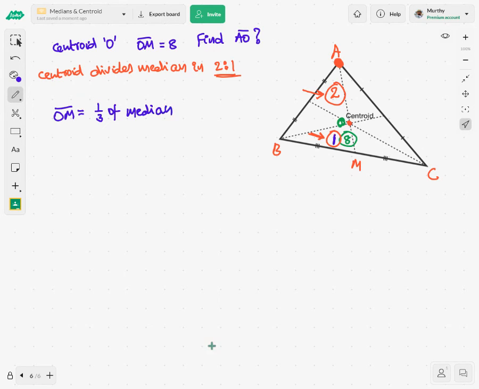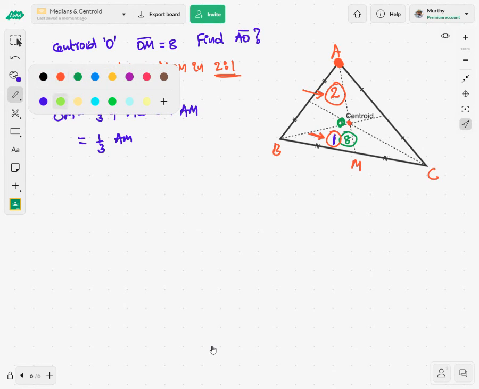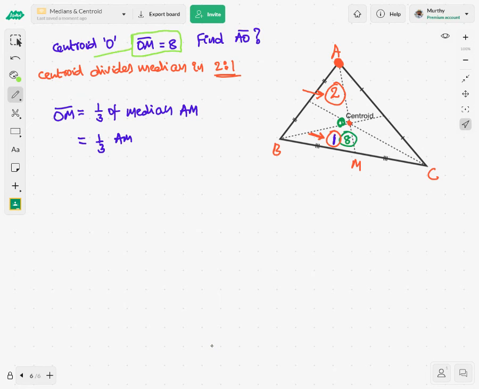In this case, I see that the median is AM. So AM. Now 1/3 of AM. I don't know the length of AM, but I know the length of OM. OM is given. So bring the value here and plug it in.